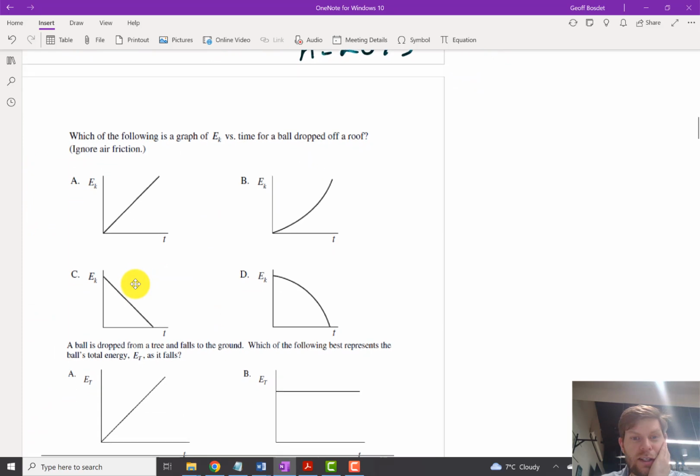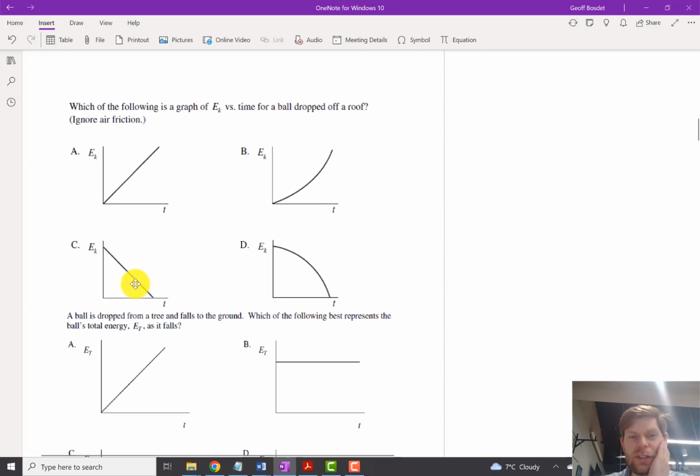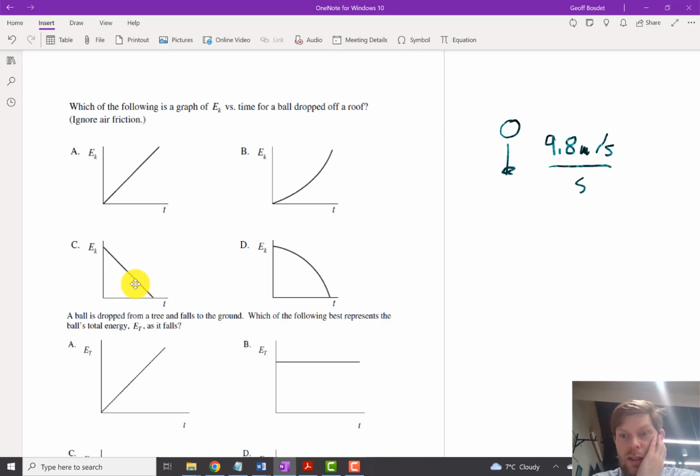Next, we've got these graphs. This one's kind of a tricky one. Now, if you think about it, if you drop something off a cliff or whatever, it's getting 9.8 meters per second faster every second. So after 1 second, it's going 9.8. After 2, it's 19.6.